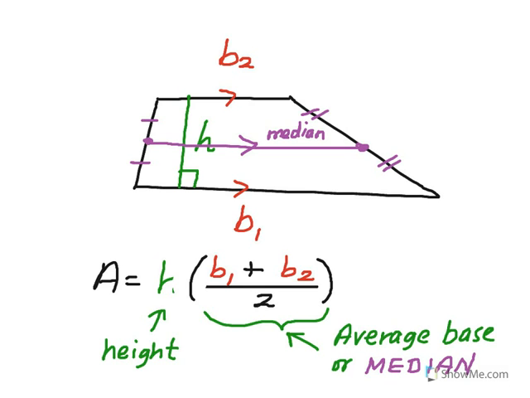So another way of saying the area of the trapezoid is the height times the median. Okay, height times average base length, or height times median. And remember that the height is always measured as a perpendicular segment between the two bases. It's an altitude.